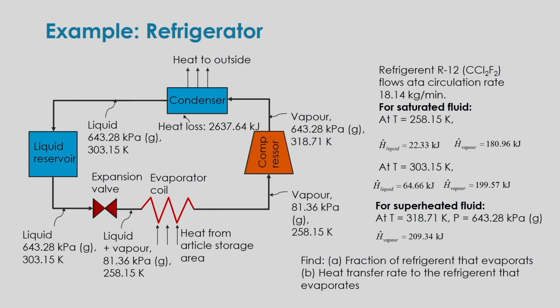Based on this principle, in the slides, suppose we use this refrigerant flowing at a circulation rate of 18.14 kg per minute.